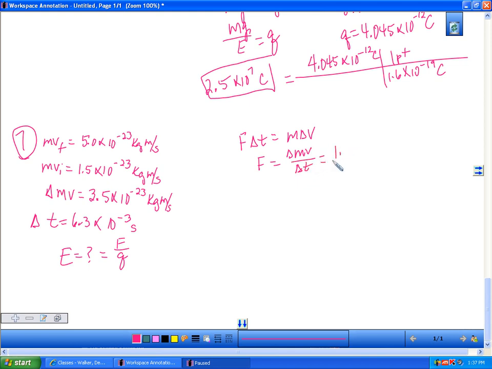Change in momentum was 3.5 times 10 to the minus 23rd kilogram meters per second. Time that it took was 6.3 times 10 to the minus 3 seconds. So I solved for my force, and I got 5.56 times 10 to the minus 21 newtons.